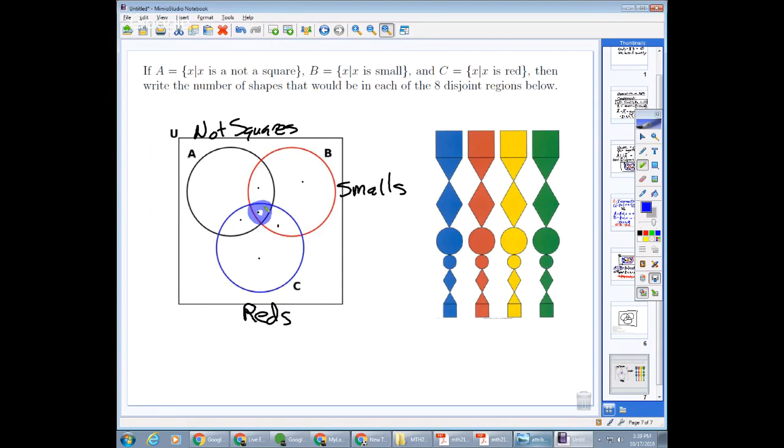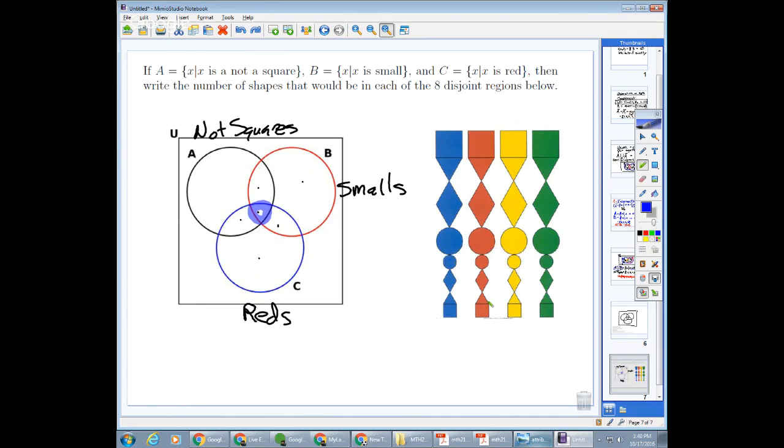You think there's 3 of them, so let's double check. So in this region over here, I have those shapes, right? And those are my smalls. In the smalls, I want the reds, so I narrow it down to that group. And then of the reds, I want the not squares, which are those 3 right there. So it looks like we found there's 3 that sit in that intersection.